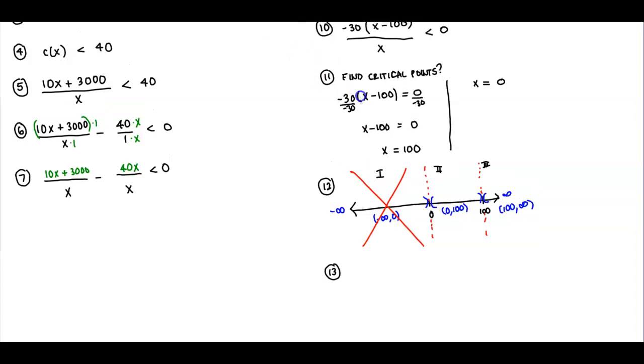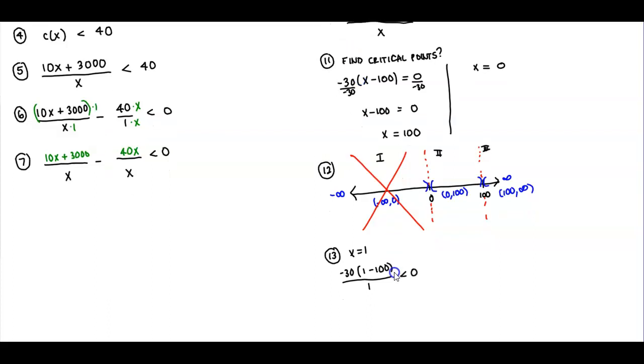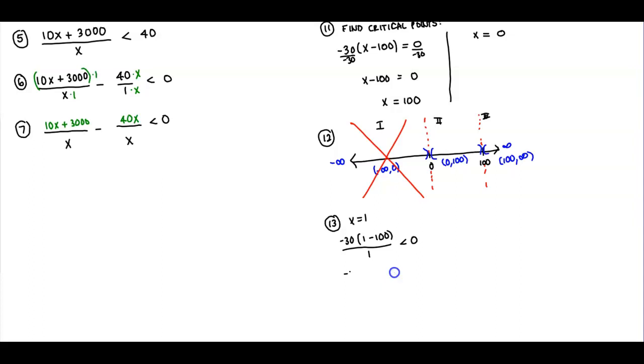Let x equal 1, and we have negative 30 times (1 minus 100) over positive 1. Is that less than 0? We have negative 30 times negative 99 over positive 1, which gives us positive 2,970. That is less than 0, which is false. So it's false for region 2.